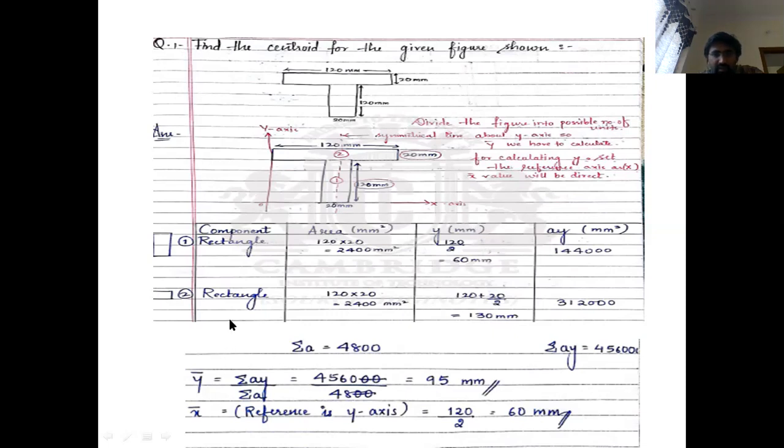Similarly, for the second rectangle, find out the area and the Y, and the corresponding AY. So that will be summation of AY divided by summation of A. So what is the Y bar we have? Summation of AY by summation of A, which is equal to 95 millimeter, and X bar will be 120 by 2, so that will be 60 millimeter. Clear? Okay.